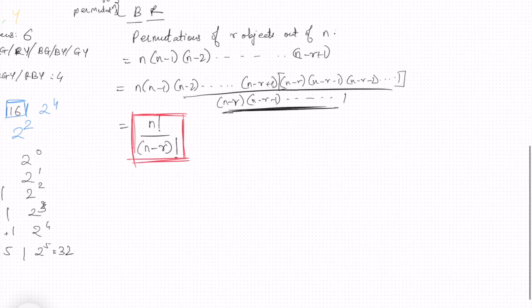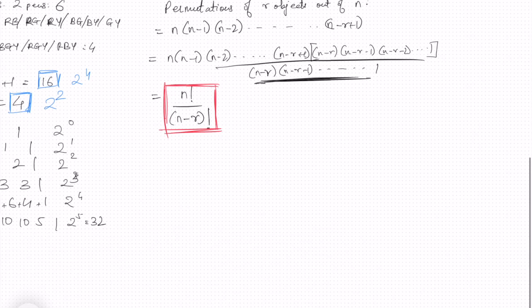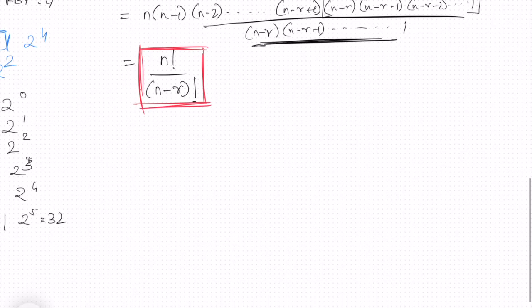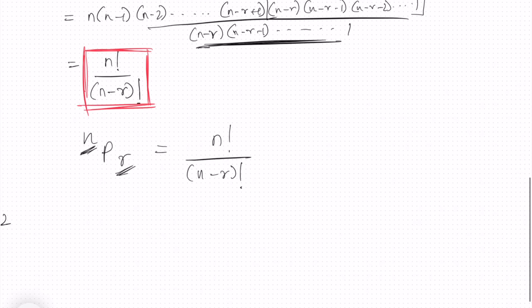And we denote this in the form of a notation, nPr, the number of permutations of r out of n objects. nPr is equal to n factorial by n minus r factorial.